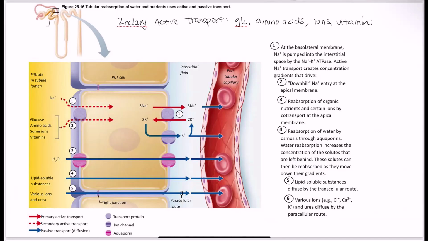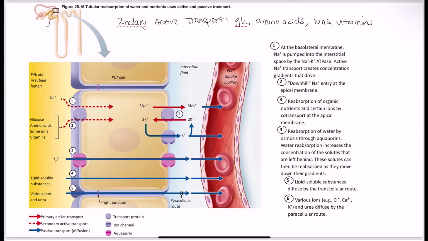And again, this happens by the sodium potassium pump. And sometimes this involves co-transporters. That means that you need a transport protein and a buddy to go across the membrane with. So you need another substance to bind that transport protein to go across the membrane.